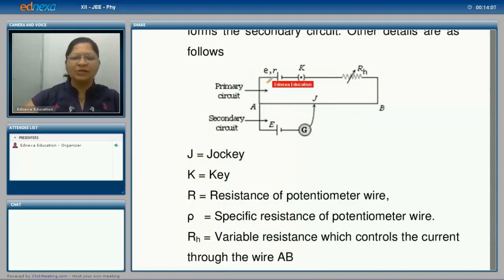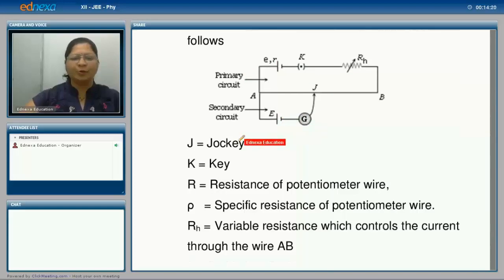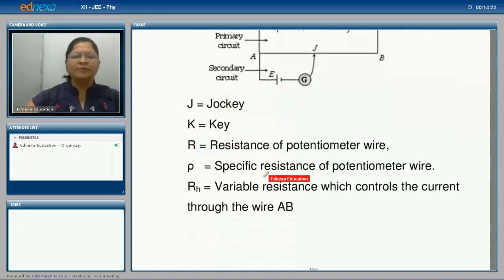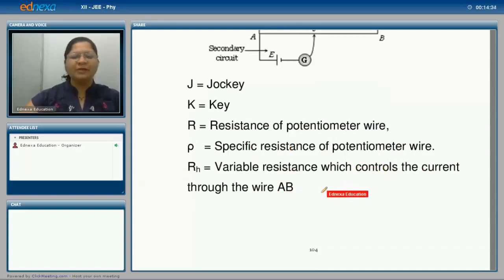E is the source battery, and capital E is the cell whose EMF is to be determined, or whose internal resistance is to be determined with the help of all other components. So you have the jockey, key, resistance of potentiometer wire termed as capital R, rho as the specific resistance of potentiometer wire, and RH is the variable resistance which controls the current through the wire AB.